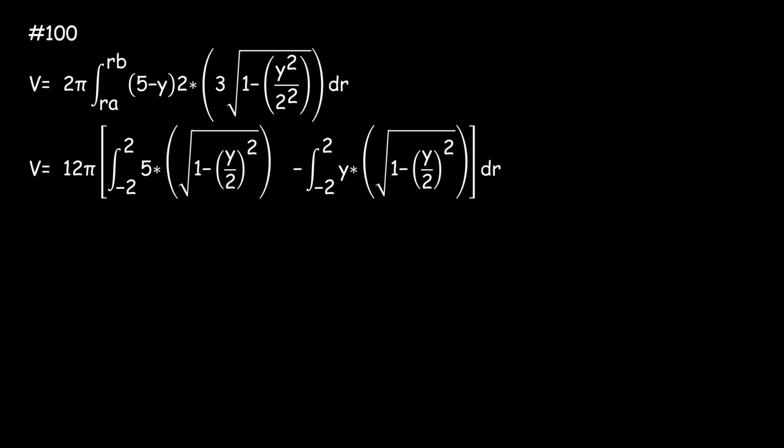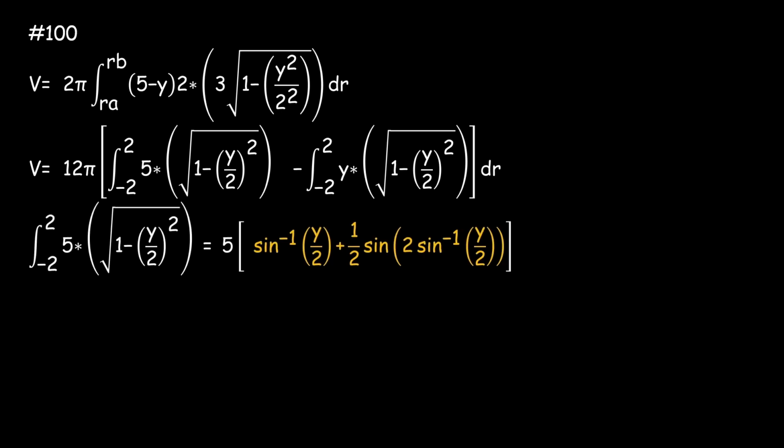The first part, the square root of 1 minus (y over 2) all squared, is the same as integrating using the sine trigonometric identity. So let's take a look. For the first part, we have the integral from negative 2 to 2 of 5 times the square root of 1 minus (y over 2) all squared, which we've done before.